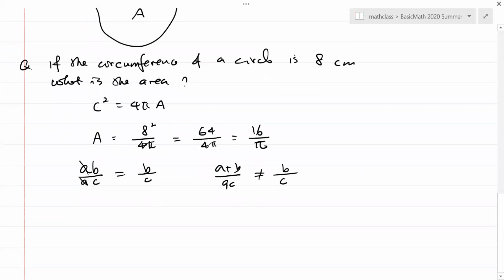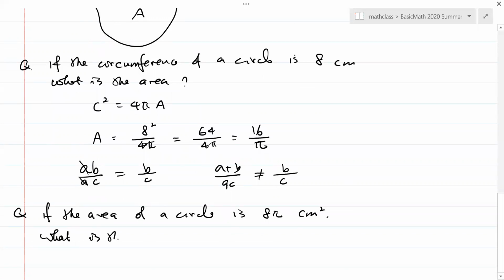Our next question is: if the area of a circle is 8 pi square centimeters, what is the circumference?